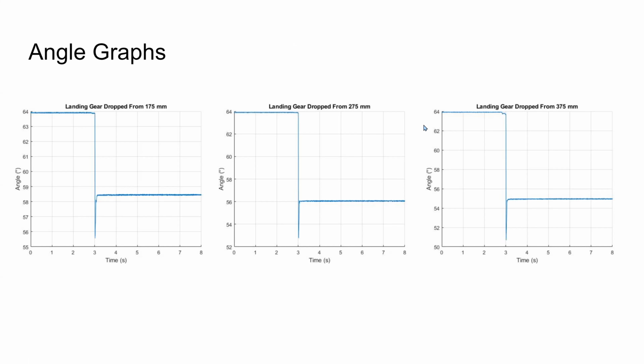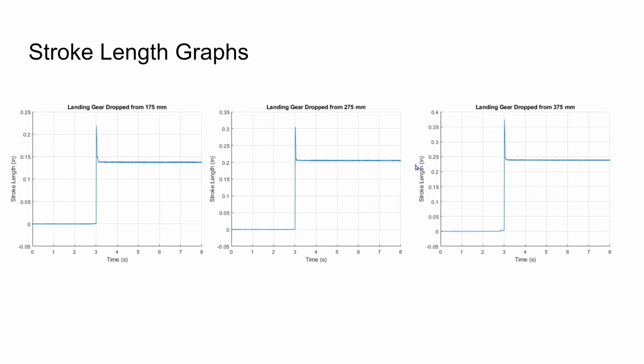However, do take note that the final angles in all 3 of these drop heights are slightly different. This is likely an error from the potentiometers or the data collection itself, as physically the angles should be the same when it lands and is at static equilibrium, regardless of where it starts. Next slide.